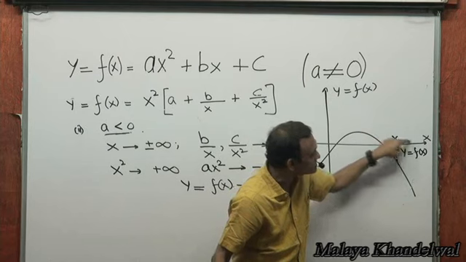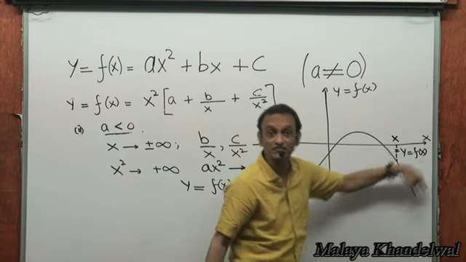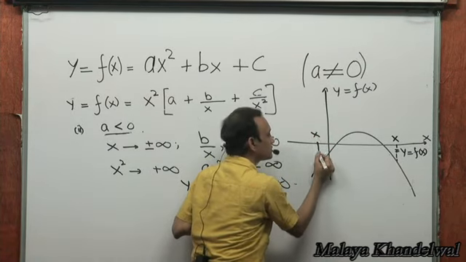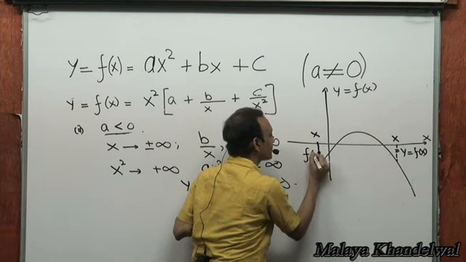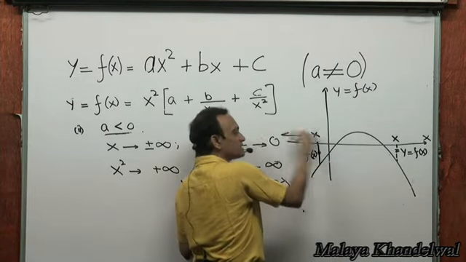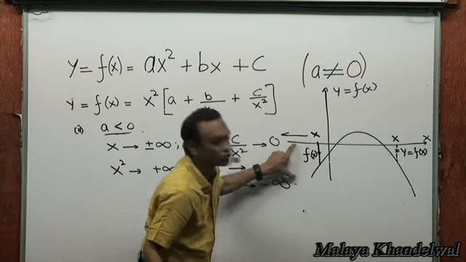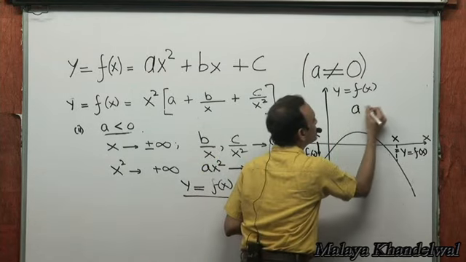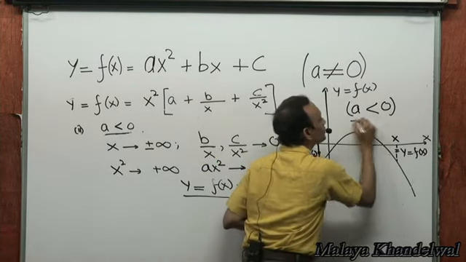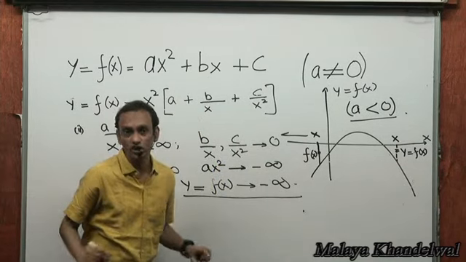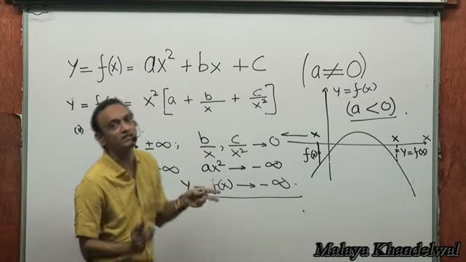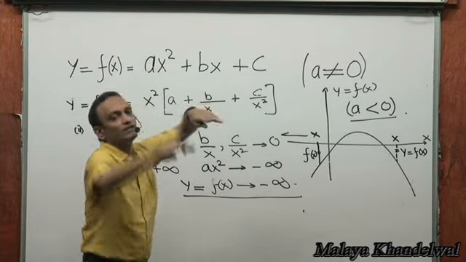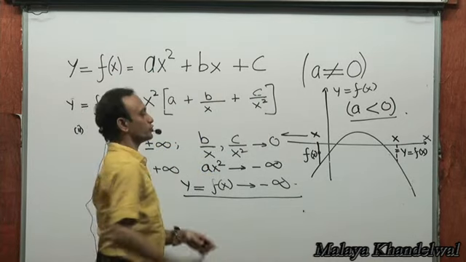Look at this case. This is y, which is f(x). As x tends to minus infinity, f(x) is also tending to minus infinity, which matches this case. So the downward opening parabola is a less than 0. Yes or no? So right away I can say if a is positive, the graph of y equal to f(x) is going to be an upward opening parabola. If a is negative, the graph of y equal to f(x) is going to be a downward opening parabola.